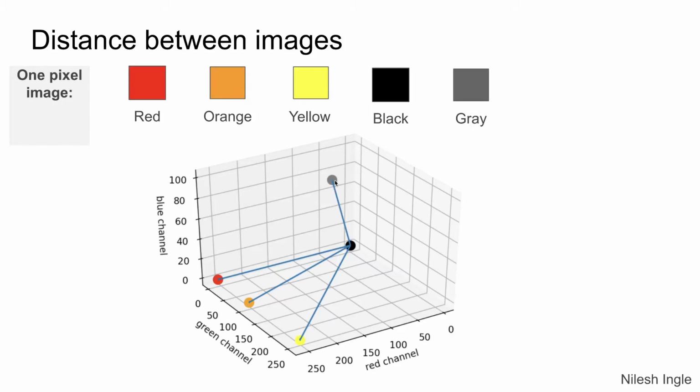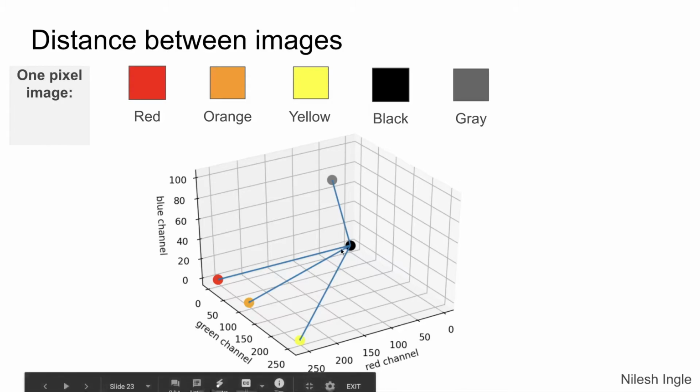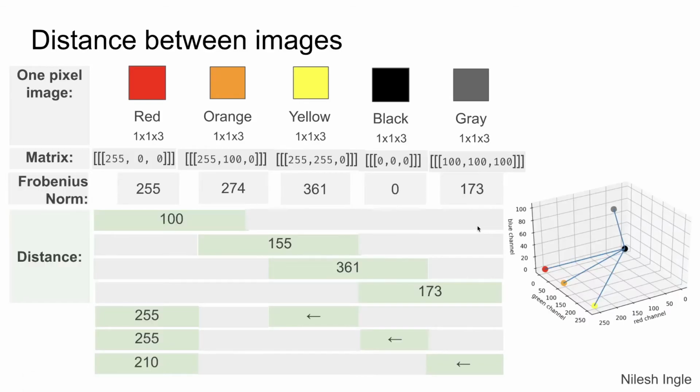So can we use the knowledge we have so far to find out if the red image is closer to orange or yellow, or the black or the gray images? So on this chart, these are the images, and these are the matrices that represent those images.